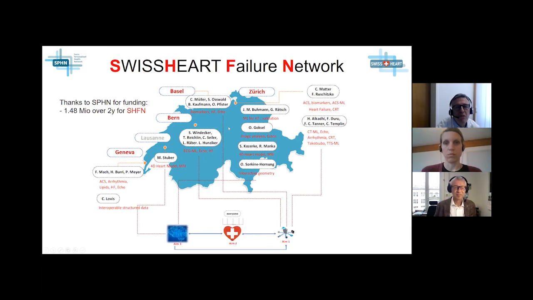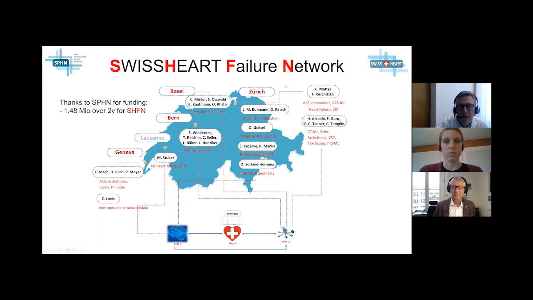Our Swiss Heart Failure Network is a Swiss-wide consortium that has 4 cardiologies: Geneva, led by François Mach, where Christian Lovis is evidently the expert with interoperable structured data; Bern with Stefan Windecker and his crew, where André Frank has been a very crucial member and contributor to our network; Basel, headed by Christian Müller, with his colleagues, and in Zurich, it's myself with Frank Ruschitzka, the head of cardiology, and associates.